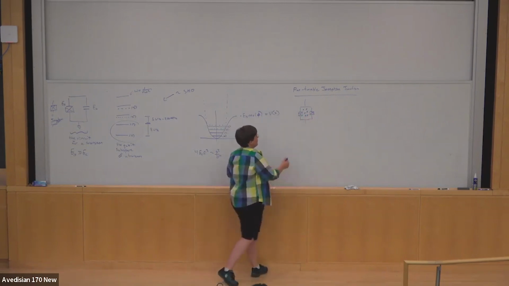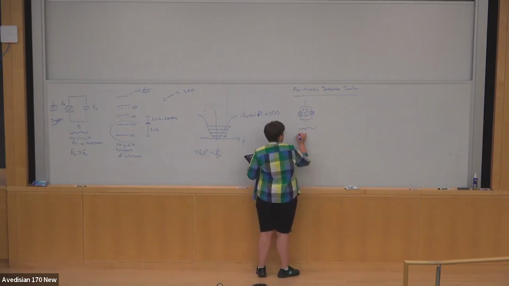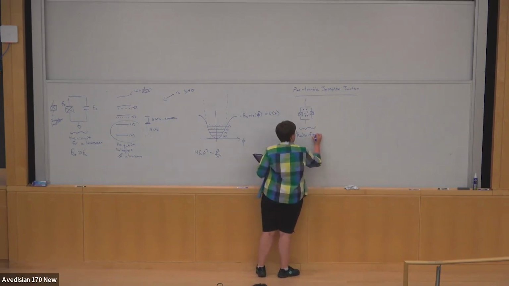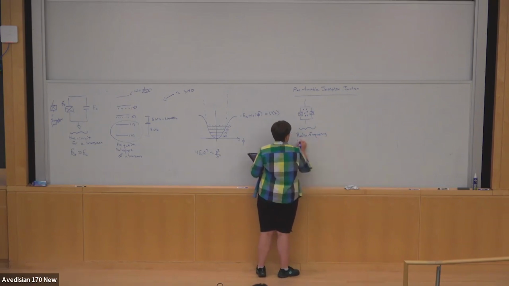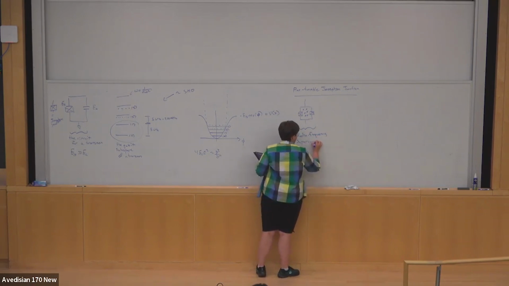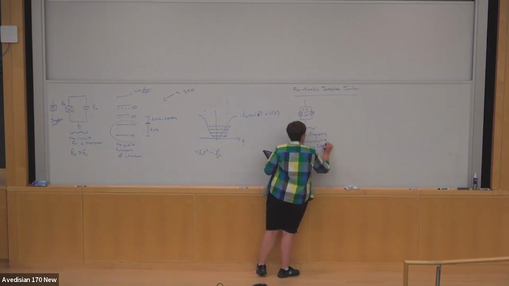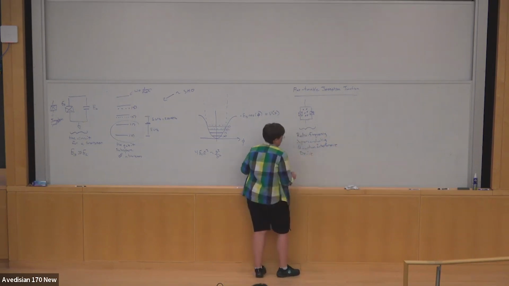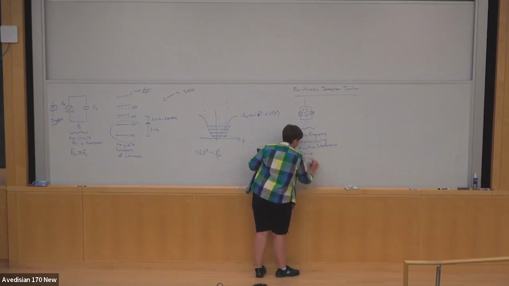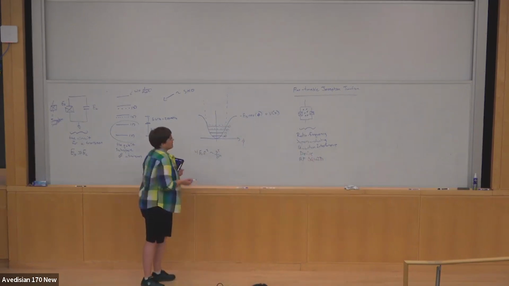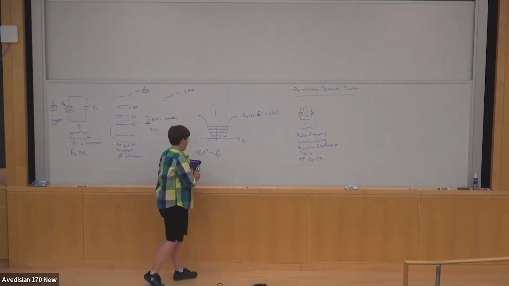This parallel configuration here is called a radio frequency superconducting quantum interference device, henceforth known as the RF squid. I don't want to write that out more. And this is a standard trick that we can use in the field.